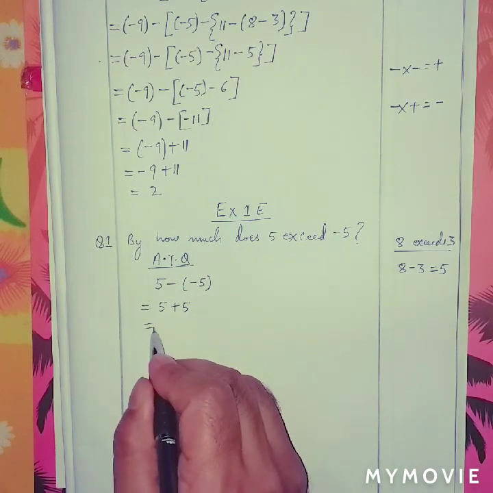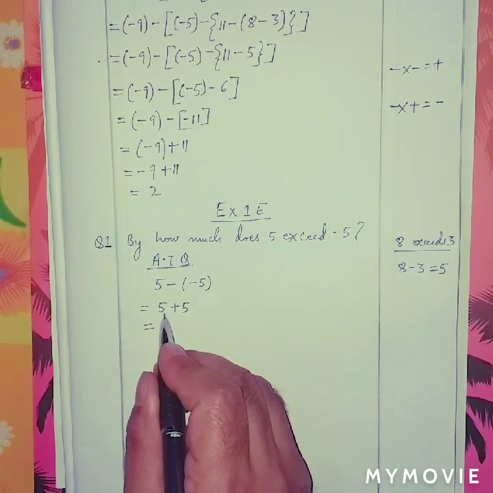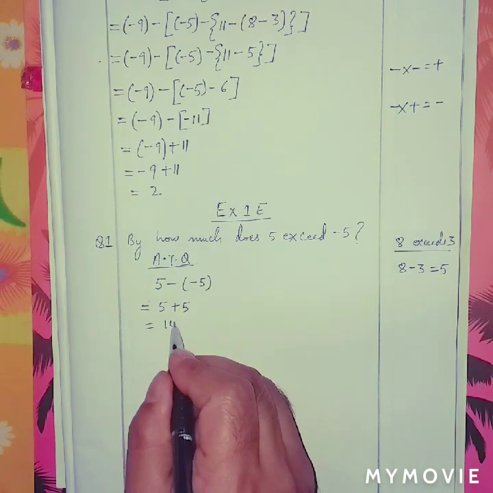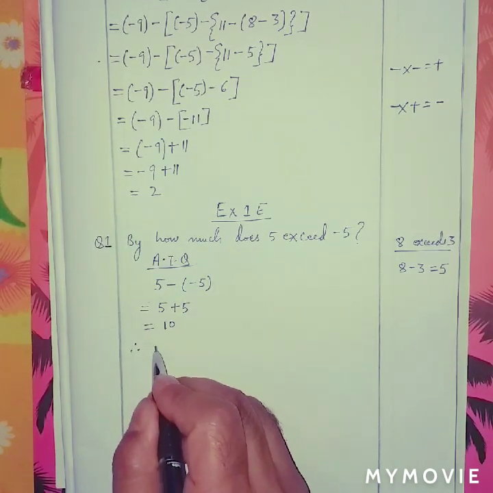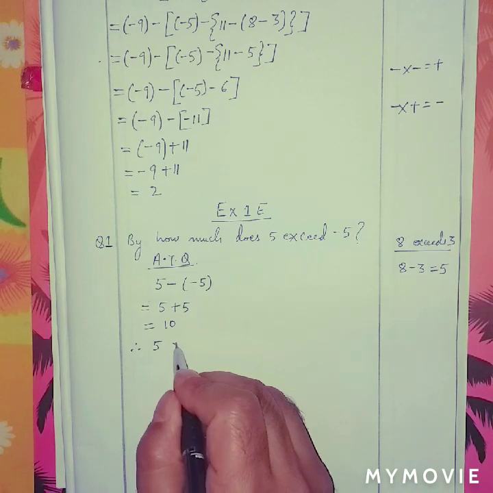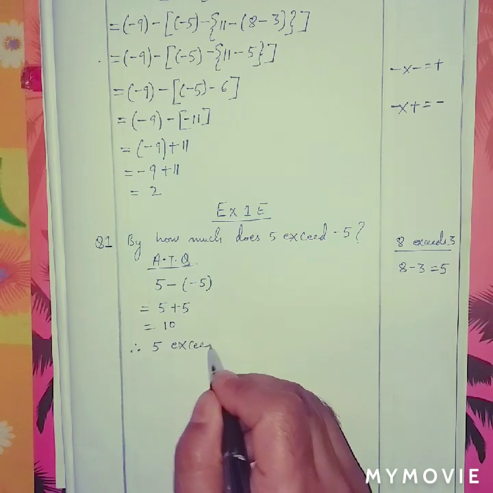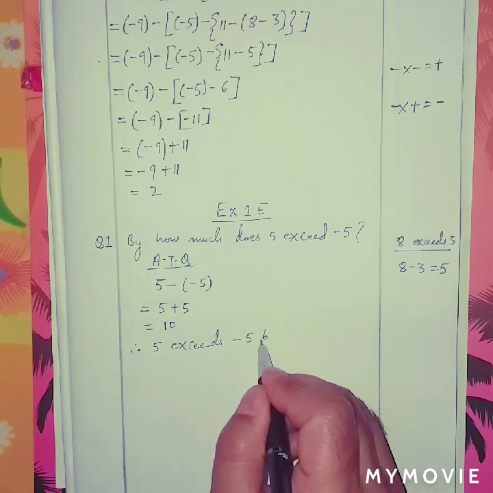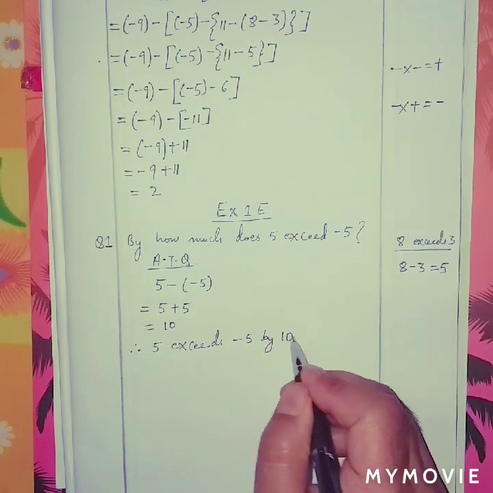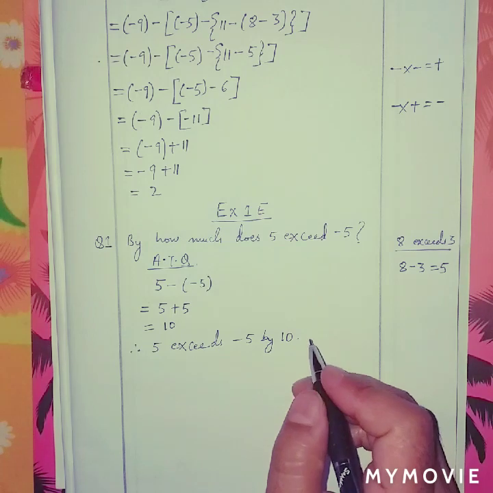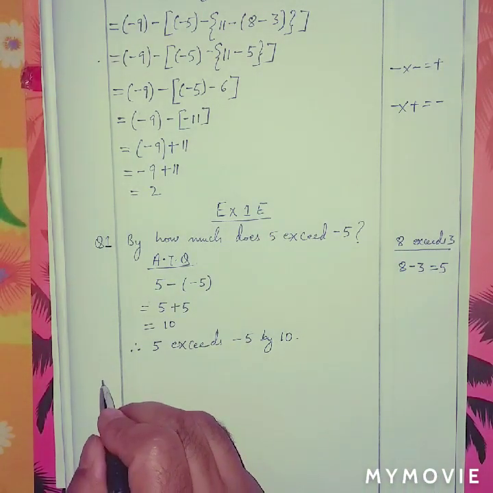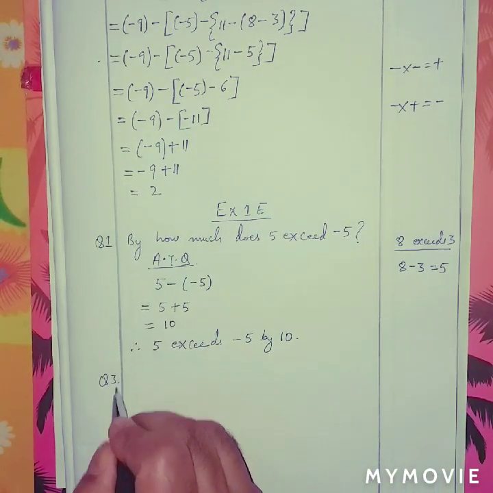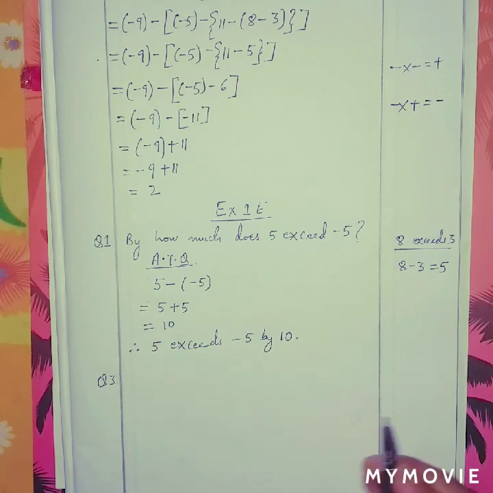So simply we have to add these two numbers, 5 plus 5, 10. Therefore we can write, 5 exceeds minus 5 by 10. Yes or no?